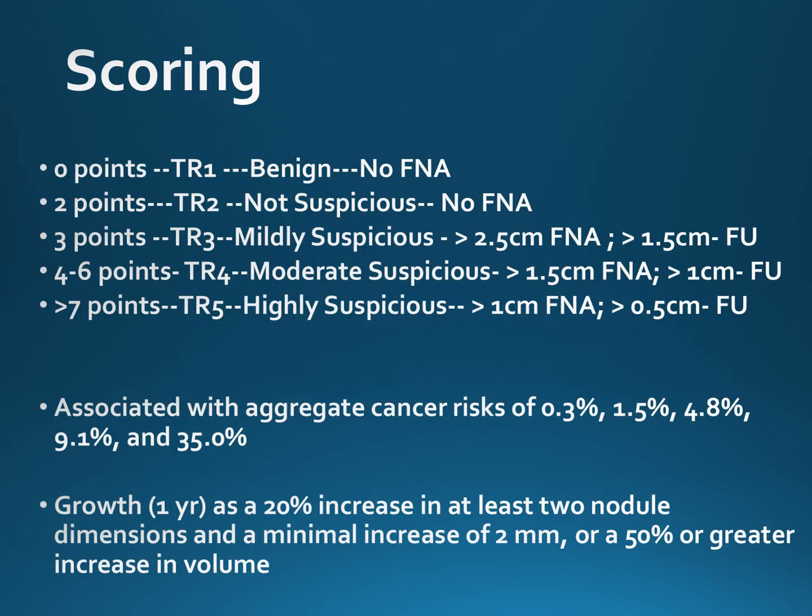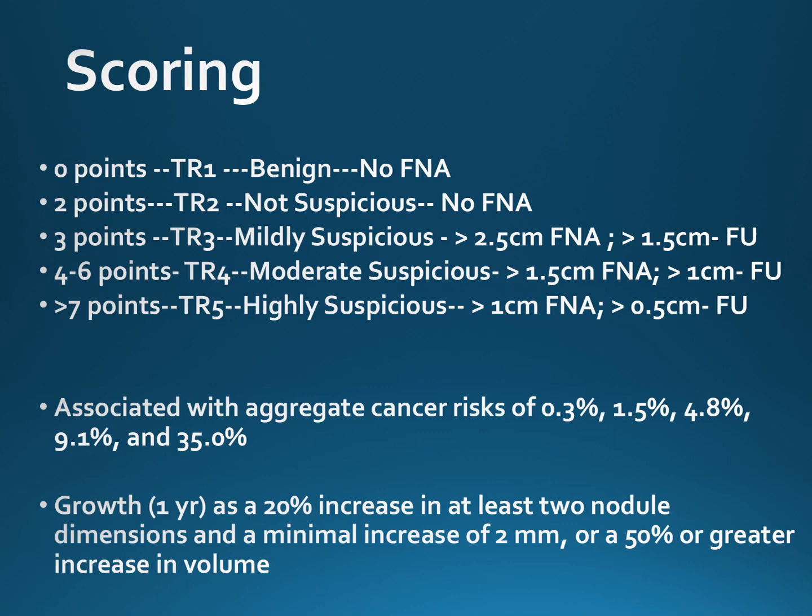The final scoring is by adding all the points, and it is categorized as TR1 to TR5, that is from benign to highly suspicious. The benign and not suspicious category doesn't need FNAC, only needs follow-up, and mildly to highly suspicious nodules, depending on their size, need either FNAC or follow-up.